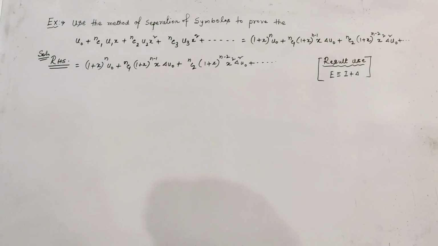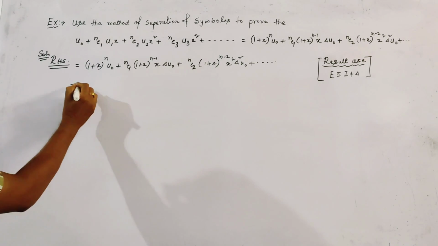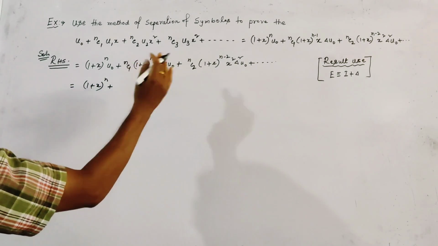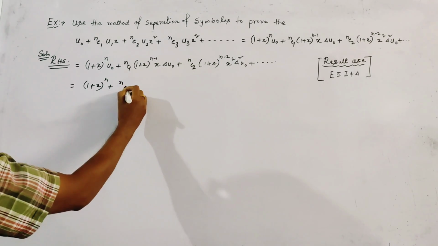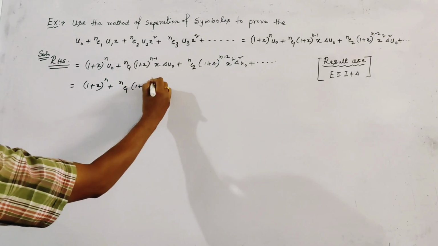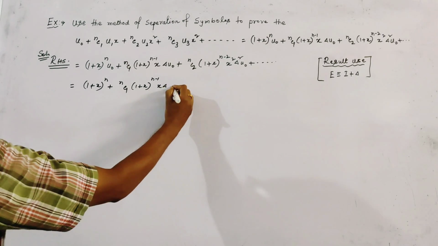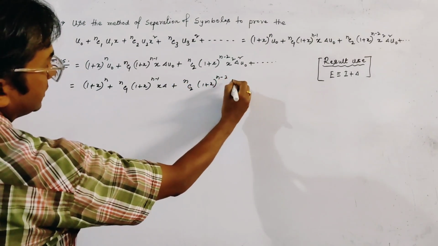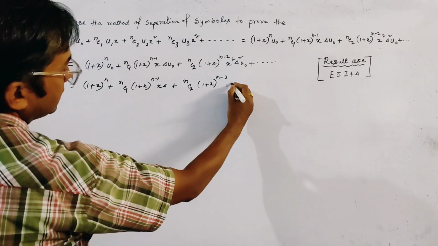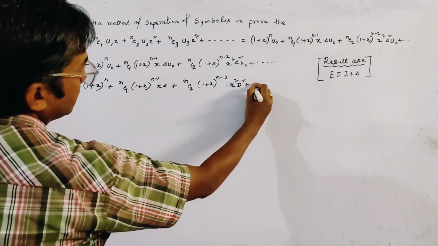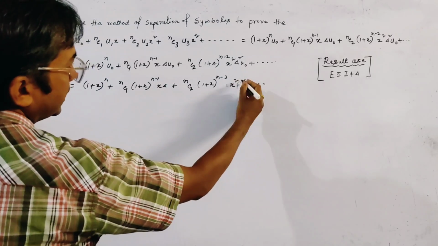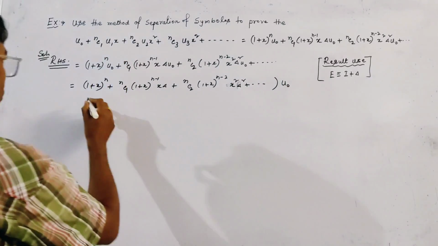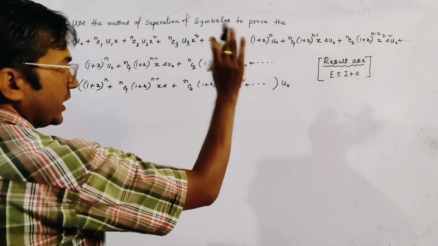Now we first take u0 common from the right, and we get this relation. This is not D, this is Δ², and we write it into u0.